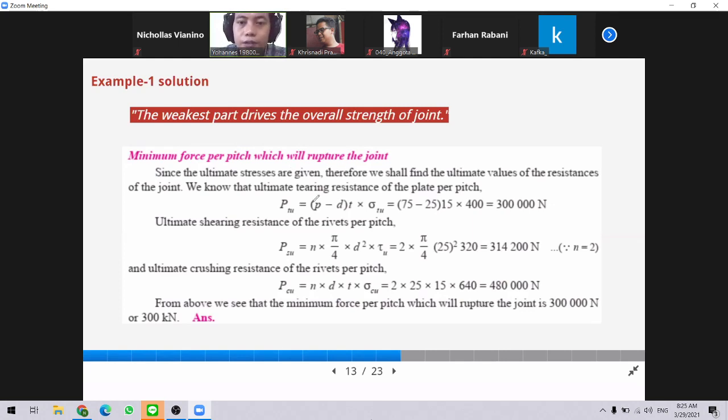Okay, so here, for example, we have an overlap joint, and for single pitch, I think we have to see the problem first, not the solution.